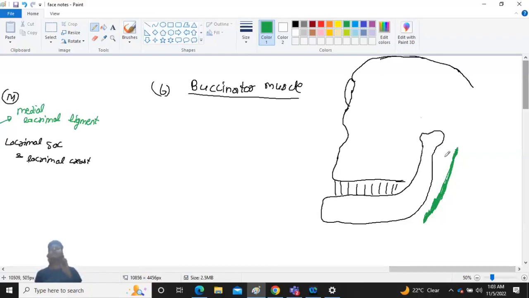Three parts of the buccinator originate from this ligament. The first part of buccinator goes to the upper lip region. All have origin from this raphe, the pterygomandibular raphe. The lower part is from this.